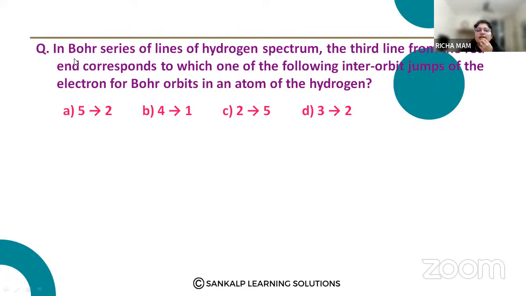In the Bohr series of lines of the hydrogen spectrum, the third line from the red end corresponds to which of the following inter-orbit jumps of the electron for Bohr's orbit in an atom of hydrogen?